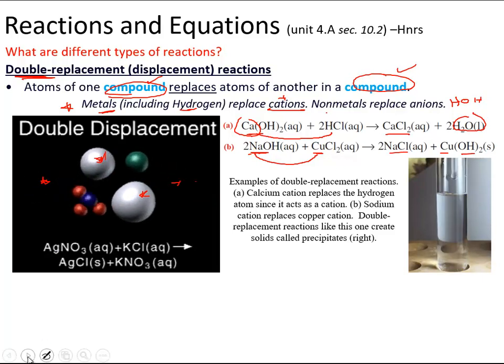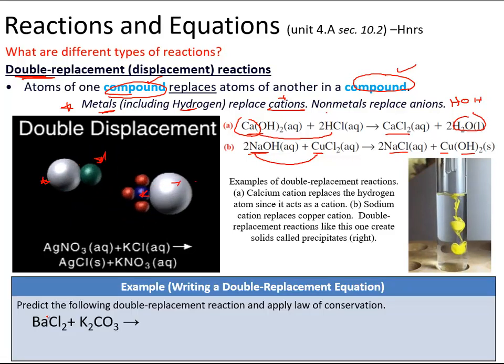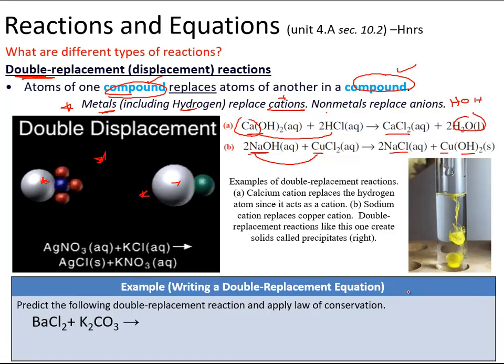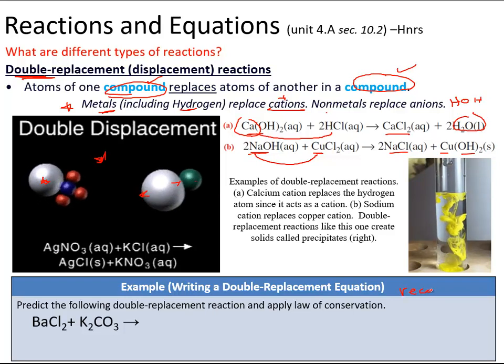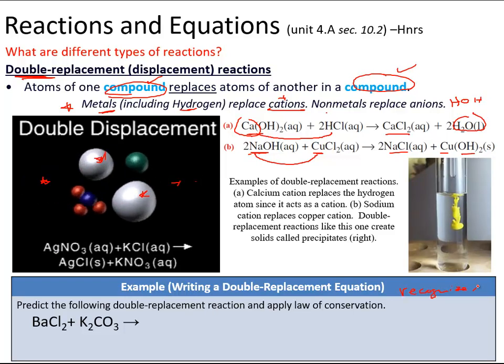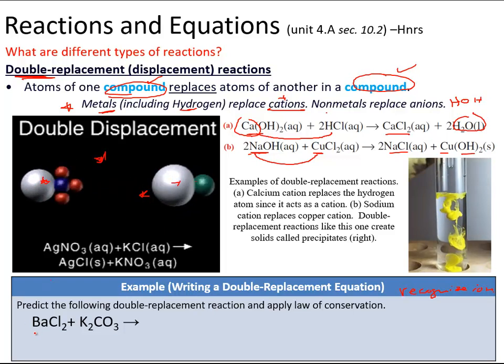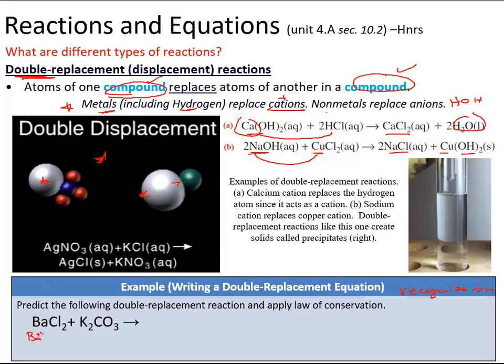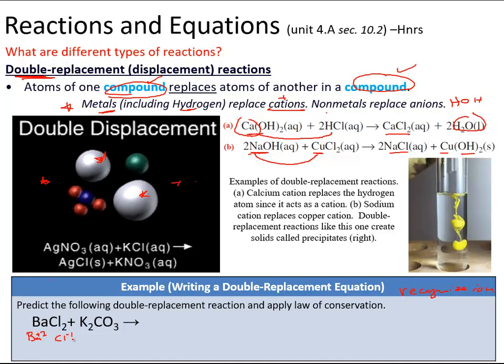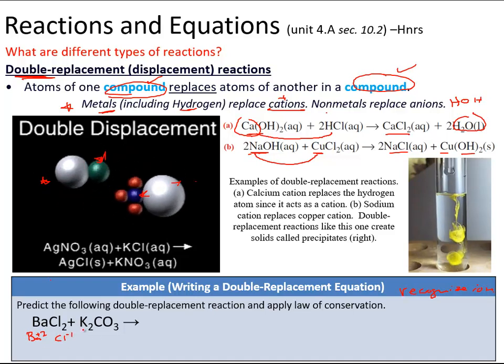Okay? Well, let's try these double displacement reactions. Remember, the first step is to recognize the ions. You got to be able to recognize the ions first. So let's go ahead and try to recognize these ions. So this is a Ba +2, and this is a Cl -1. Okay, we know that from the periodic table.